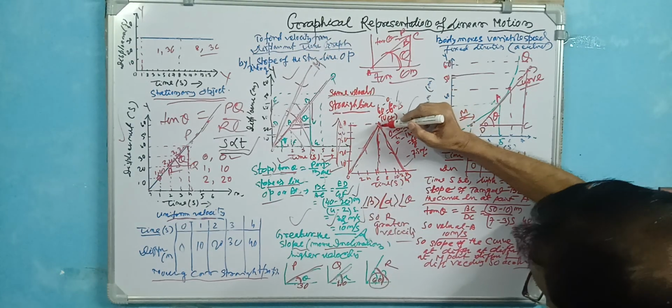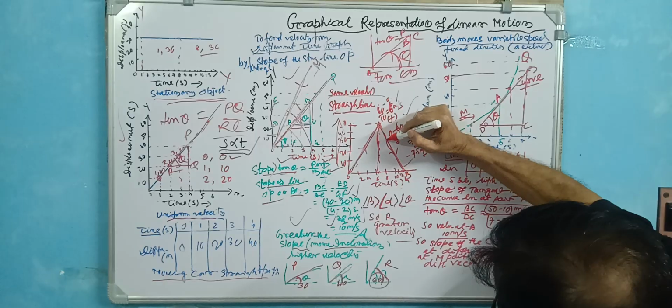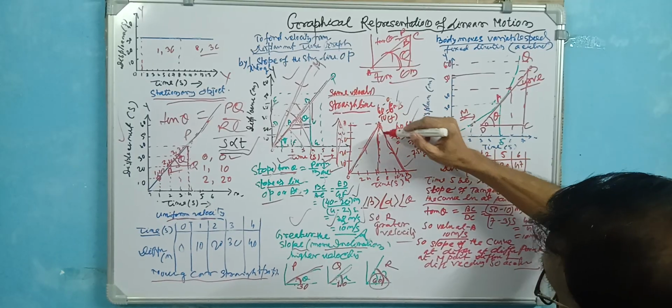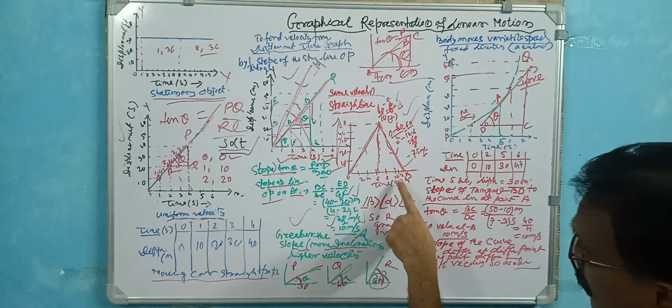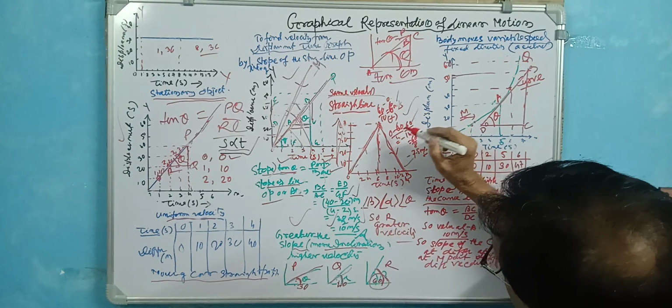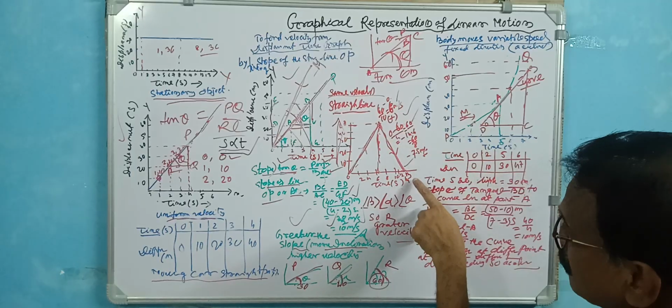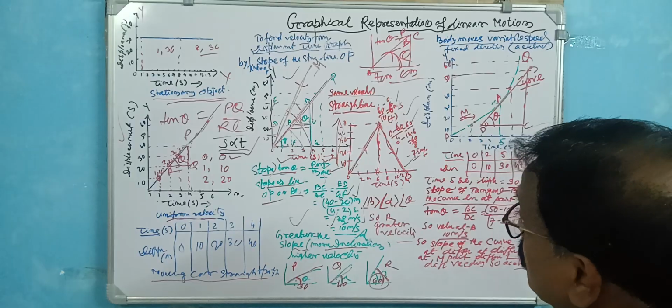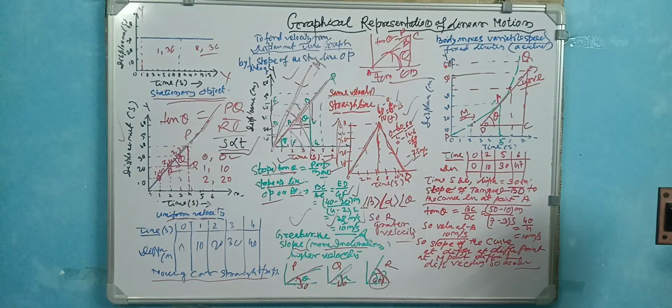So this is 60 minus 0 by 10, which is 6 meter per second. But here the displacement decreases from 60 to 0, and the time taken is from 6 to 14, that is 8 seconds. So here the velocity is decreasing at this rate.